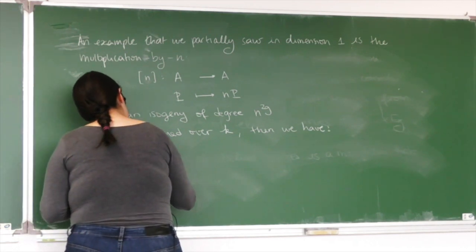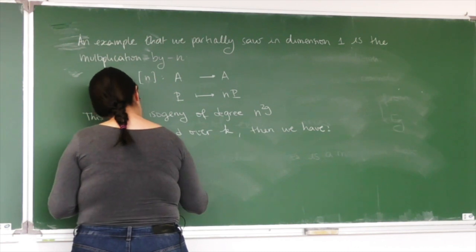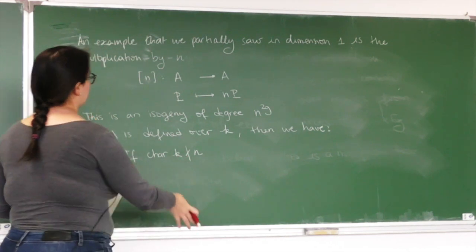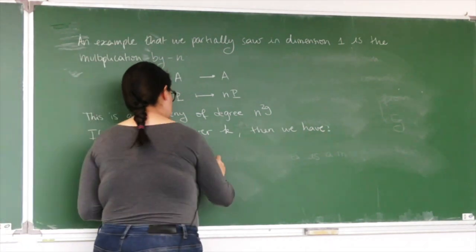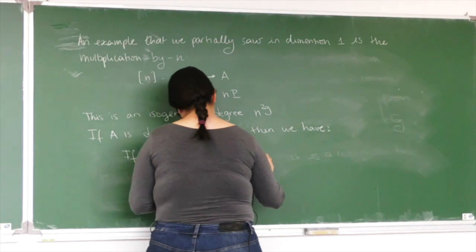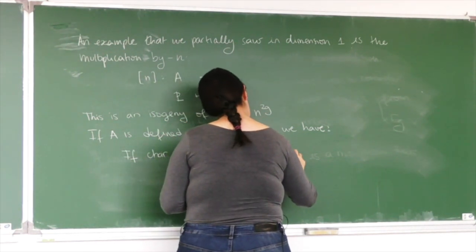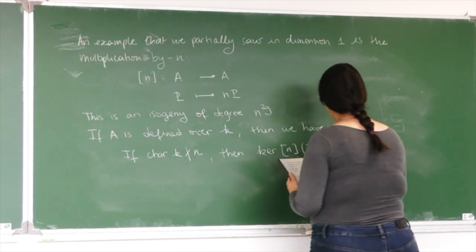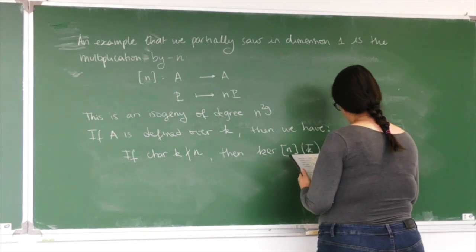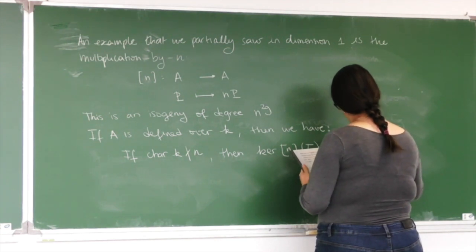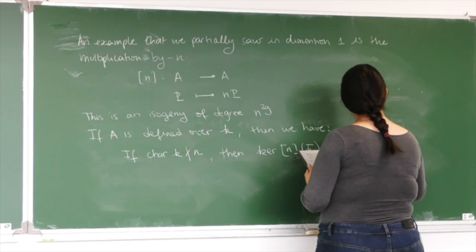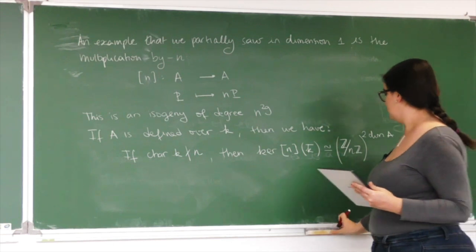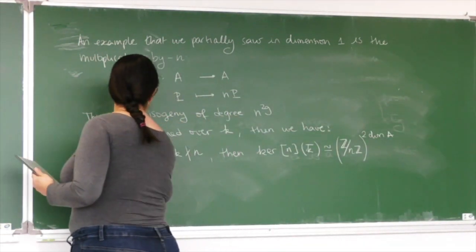If the characteristic of K doesn't divide n, the number we are multiplying by, then the kernel of n over the algebraic closure of K is isomorphic to Z mod n to the 2g, where g is the dimension of the abelian variety. This is actually an if and only if, so let me write it like that.